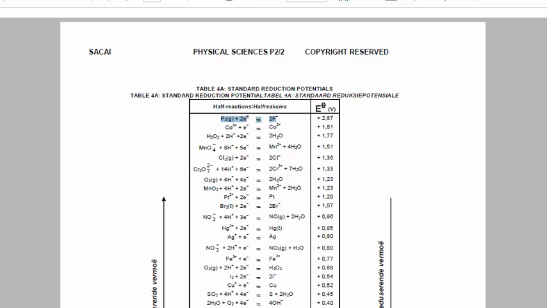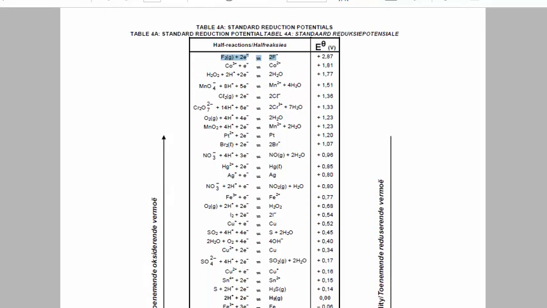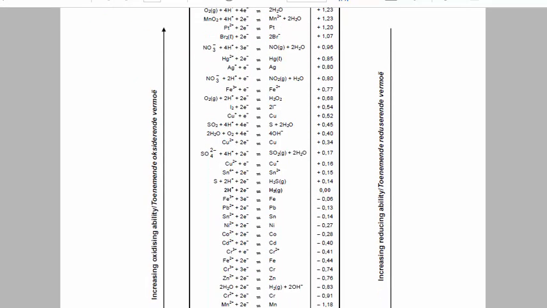And notice how the table is structured. The table tells us that as I go up, I have increasing oxidizing ability.